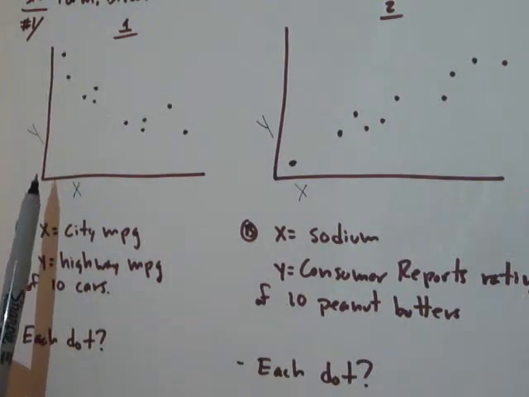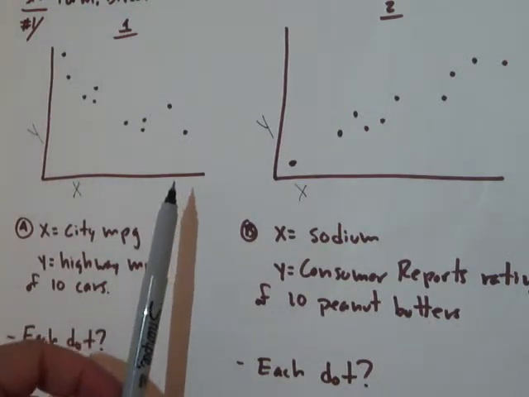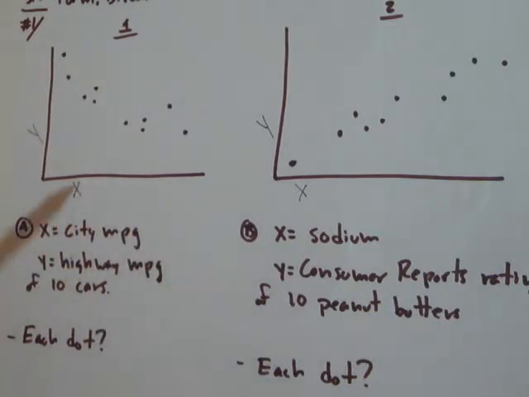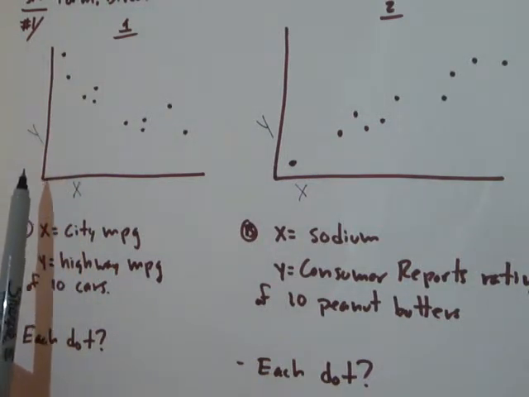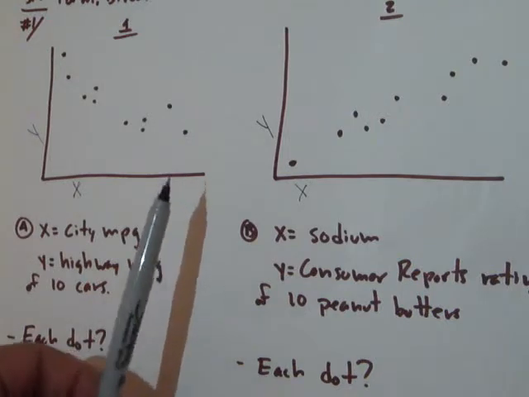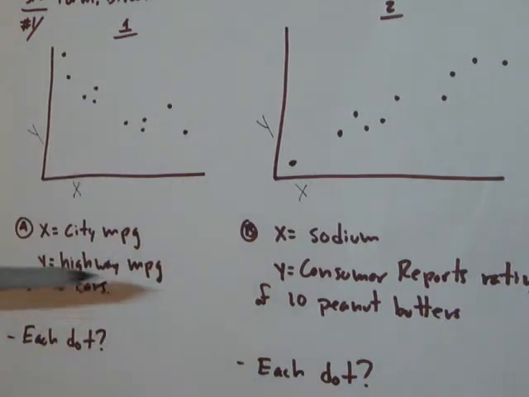That if I have really good city fuel economy, that on the highway I would have really bad fuel economy. So it seems to me that if I have a car that has really high city miles per gallon, it would also have really high highway miles per gallon.